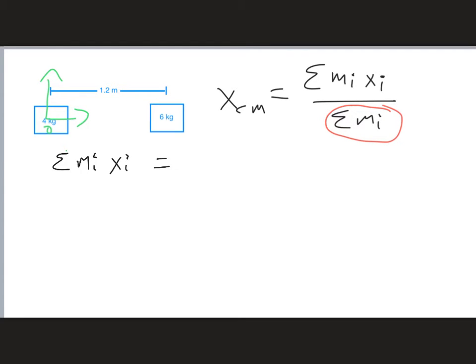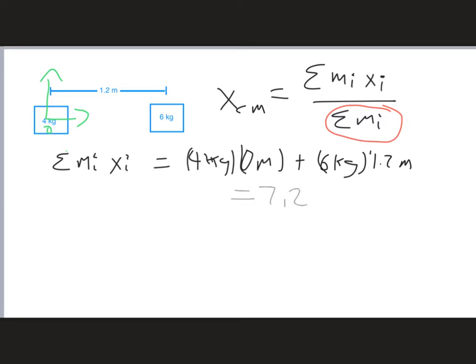That's just going to be equal to 4 kilograms times 0 meters plus 6 kilograms times 1.2 meters. And that just equals 7.2 kilogram meters.